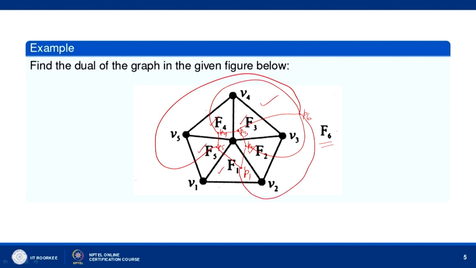Because F6 and F3 are adjacent regions, we join P6 to P3, and F6 and F4 are adjacent, so we join P6 to P4, and similarly for P6 and P5, P6 and P1, and P6 and P2. So, we get this graph.